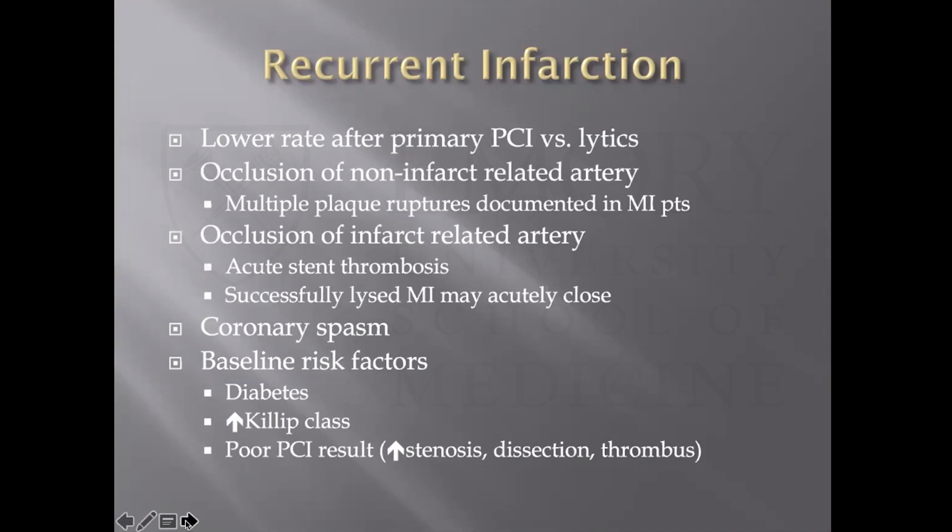So just, again, having the level of suspicion for all these different possibilities will help you run the list in your mind when you're woken at 2 o'clock in the morning to figure this out.